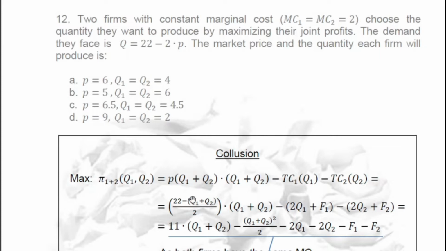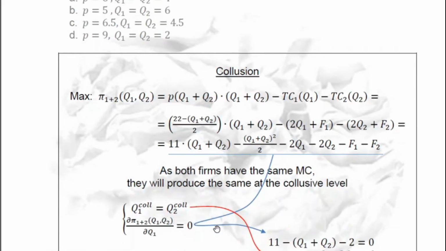Minus, well, here we have the cost for firm 1 and the cost for firm 2. We operate, we find this, and then we need to differentiate.